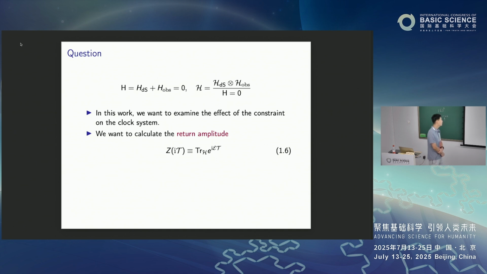More precisely, we want to calculate the return amplitude and the return probability. Those two quantities do not necessarily have to be equal to the square of the other, because we learned in JT gravity and other toy models that sometimes simple gravity may calculate an ensemble average of theories.